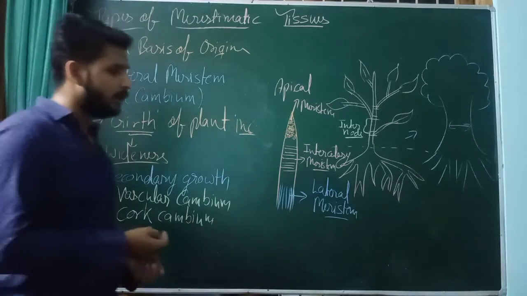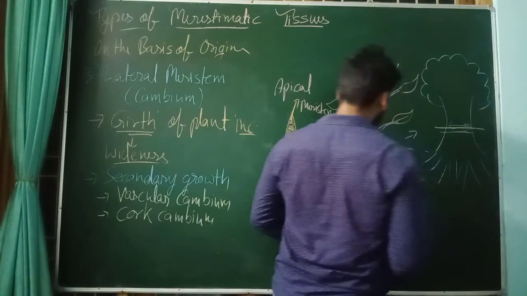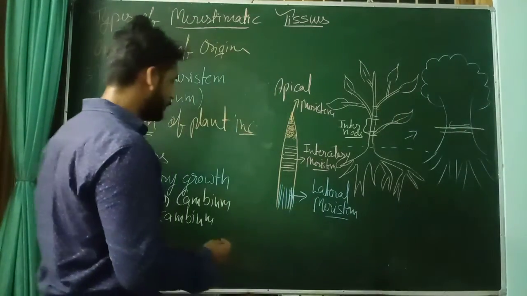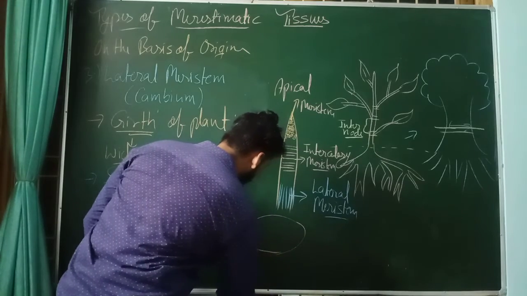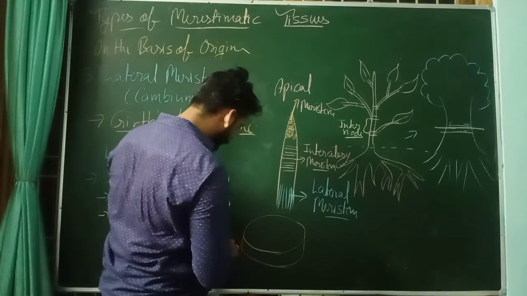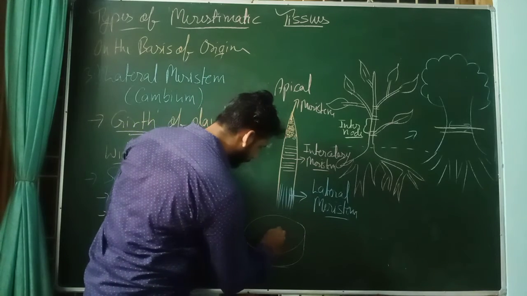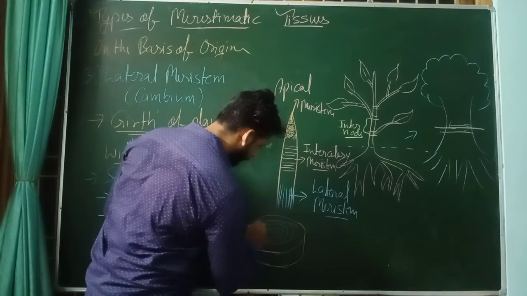You might have seen the trees. When we cut the trees in this way, we get a round section. If you see this round section of the tree, you will find there are some rings present in it, right?